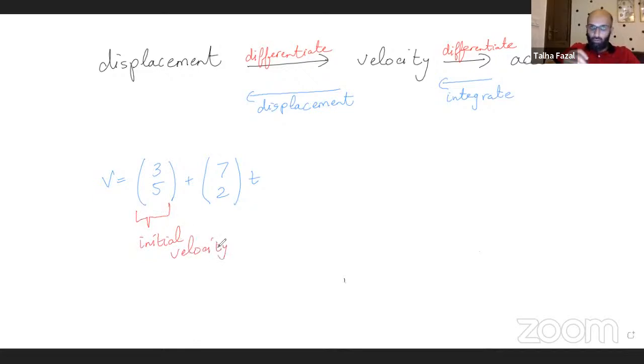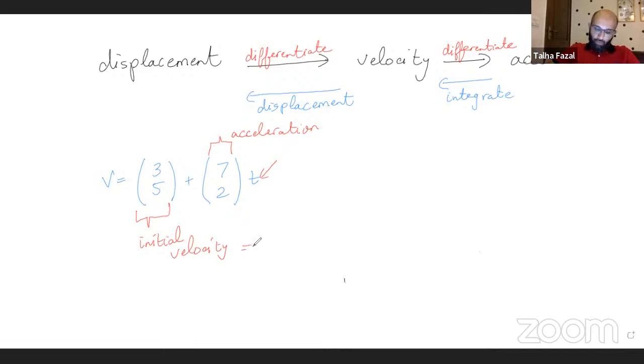I'll explain in just a minute how we figure that out. And this 7, 2 is what we classify as the acceleration as well, because this is dependent on time, and this is added with velocity, so it becomes part of the acceleration. I'll explain how we actually do it.